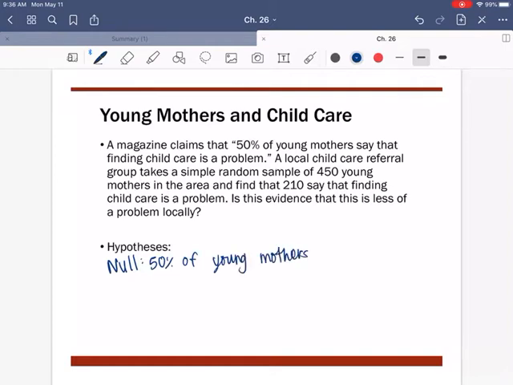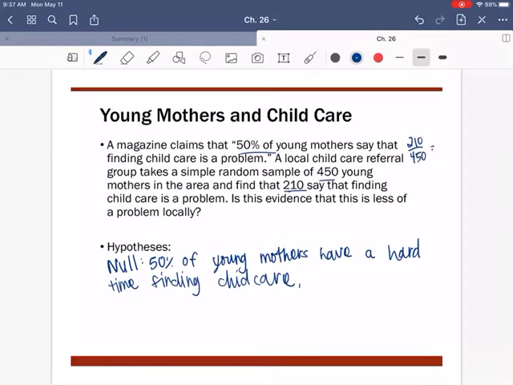So 50% of young mothers have a hard time finding childcare. Okay, that's our null. It is what it should be.